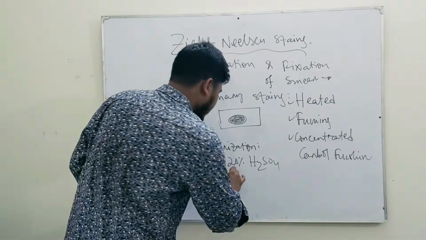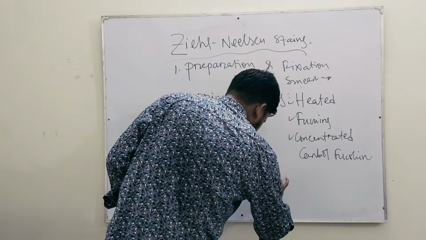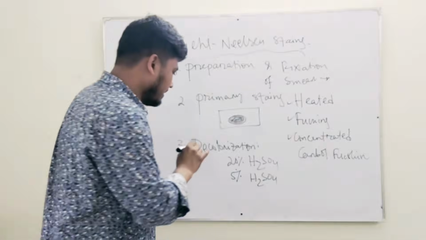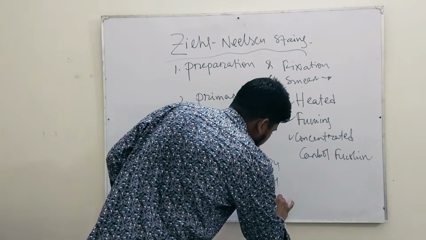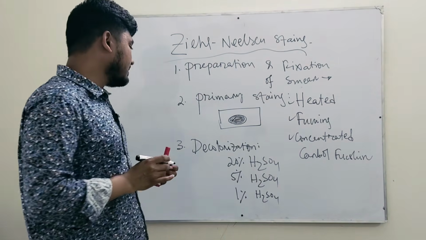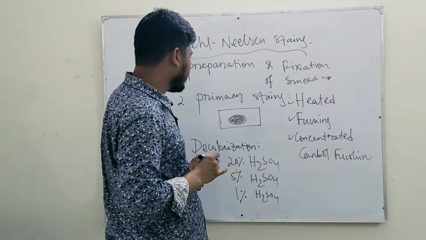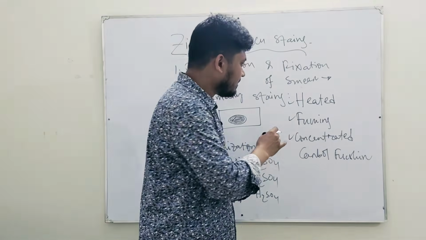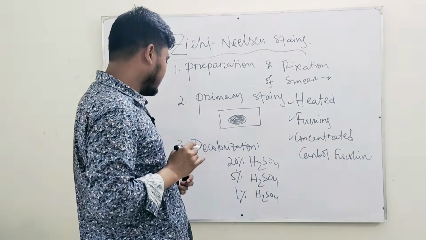But in case of Mycobacterium leprae, we use 5% sulfuric acid, then it is called modified Ziehl-Neelsen staining. And in case of Nocardia, we use 1% sulfuric acid. In Ziehl-Neelsen staining, there is no step called mordanting, because here we use heated carbolfuchsin. This heat serves the purpose of mordanting.